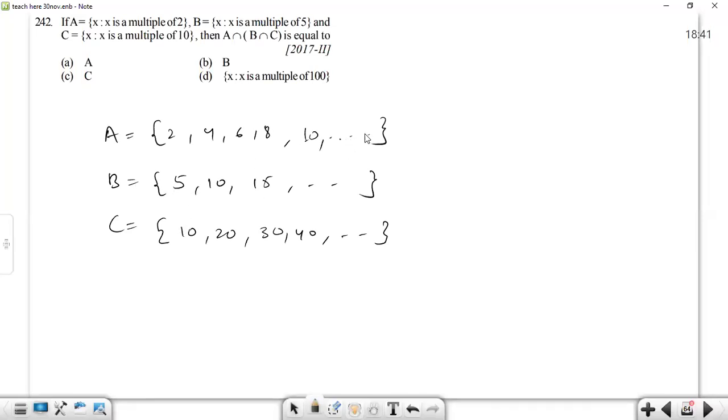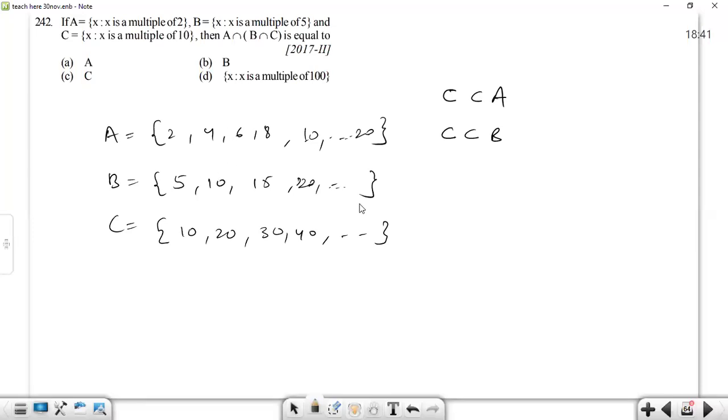Like 10 will be here and 20 will also be here; 10 is also here and 20 is also here, and 30 and 40 will also be. Agree? Yes, sir. So what we can say is that C is a subset of A and C is also a subset of B. Clear? Yes, sir.